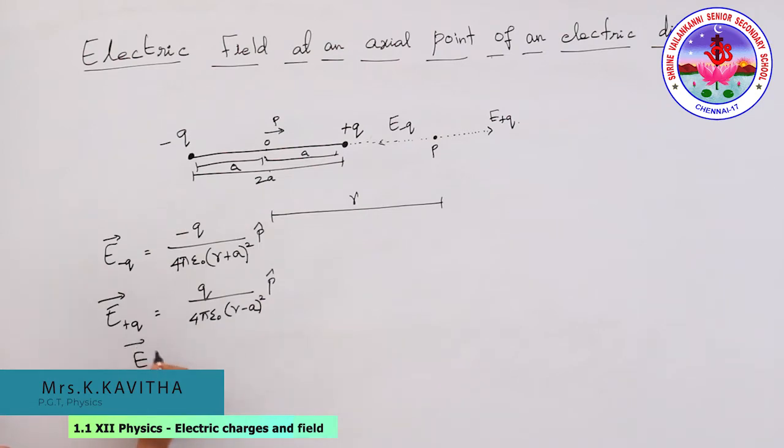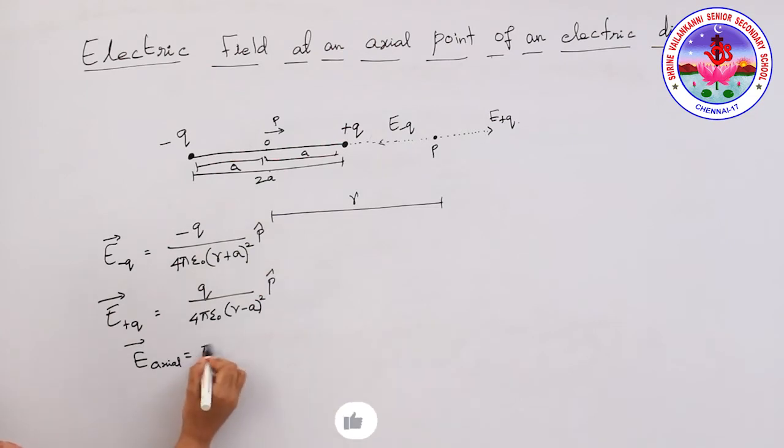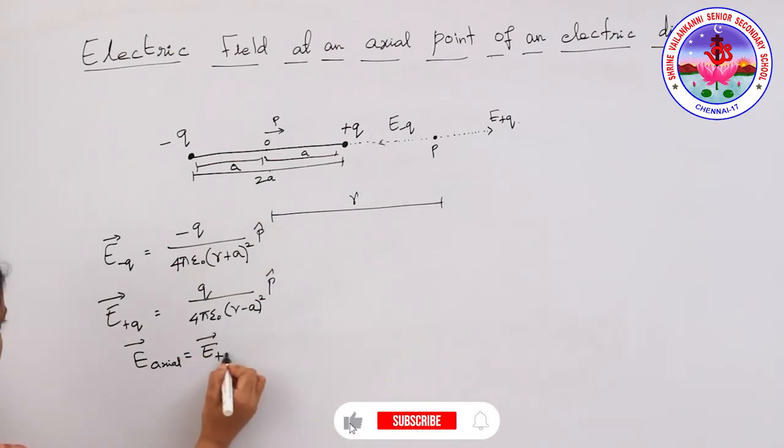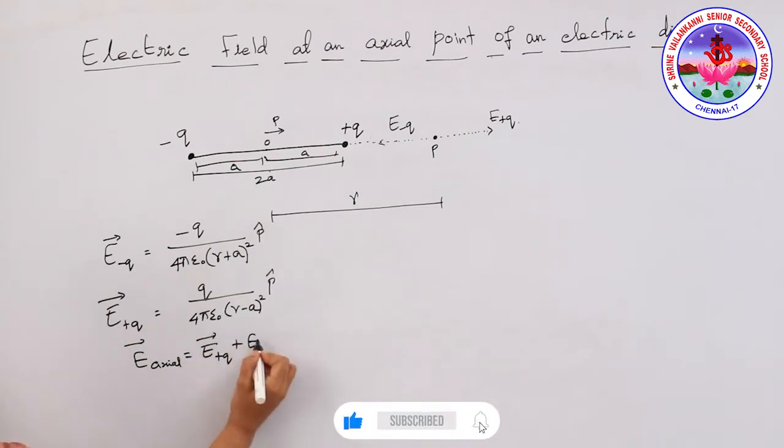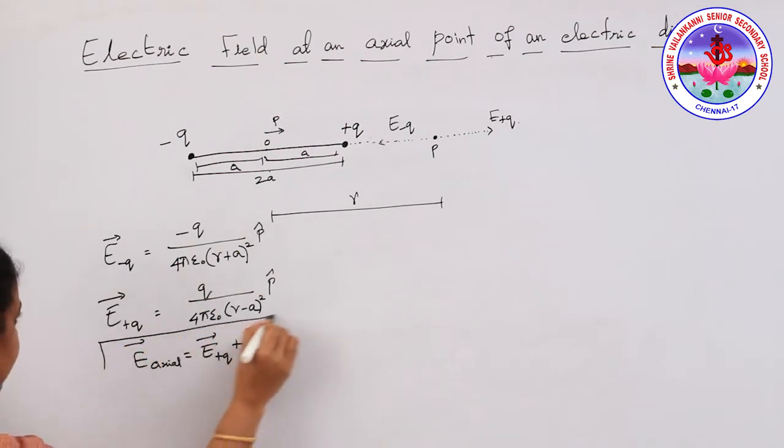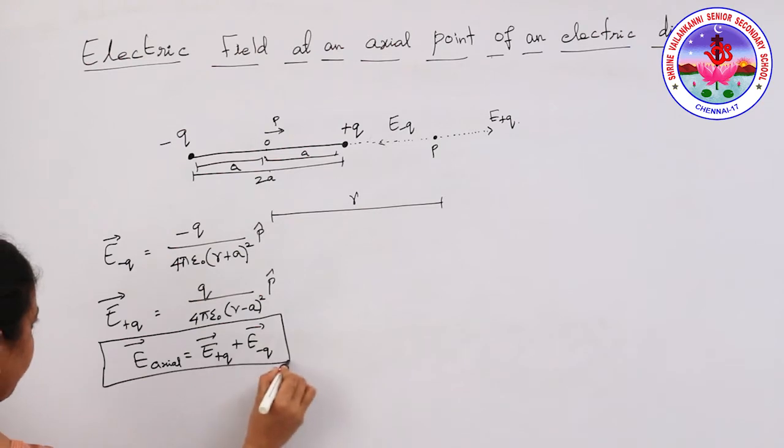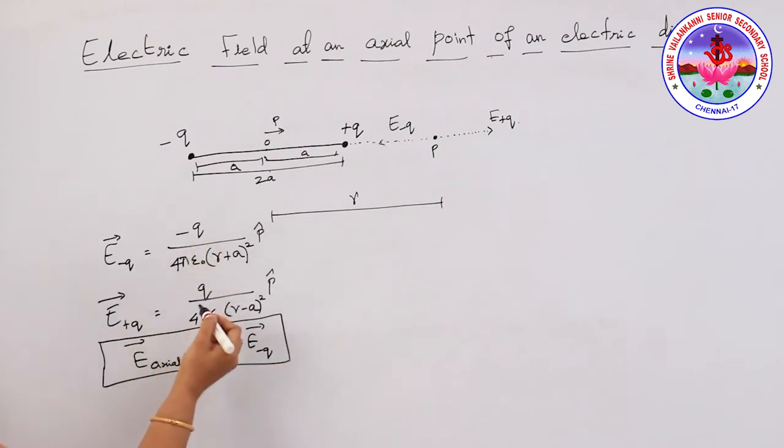So, E vector axial is equal to E vector plus Q plus E vector minus Q. This is the resultant for the point P.